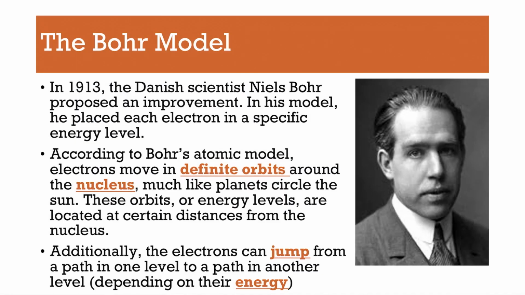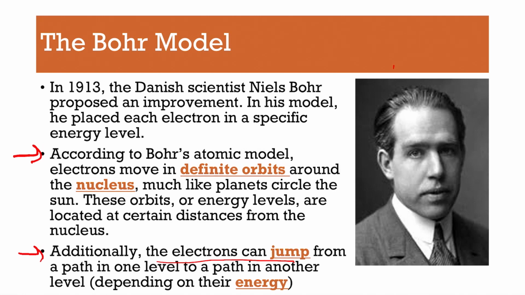Let's get started. So just a quick review from the different atomic history models. The Bohr model, again, this dude was Niels Bohr, and he said one of his most important contributions was that these electrons move in these definite orbits around the nucleus. And he also added that the electrons can jump from one level to the other.